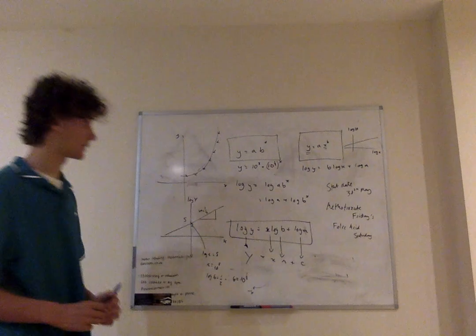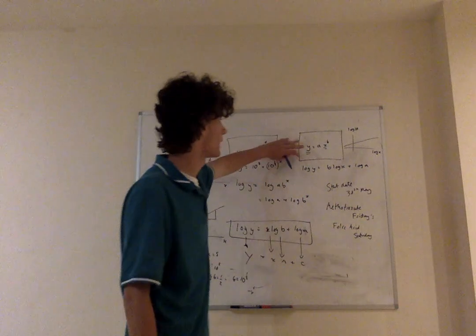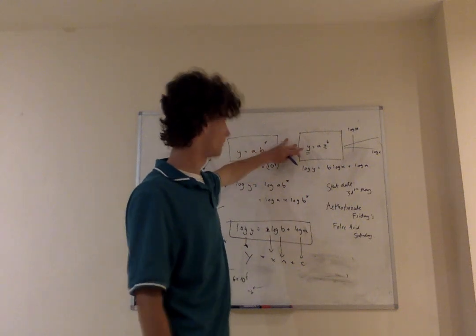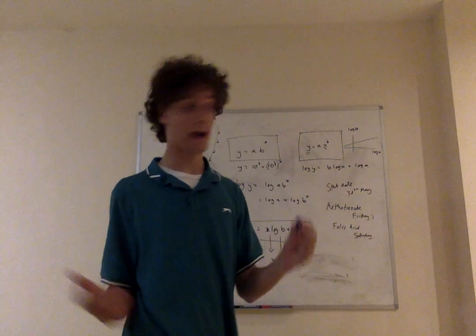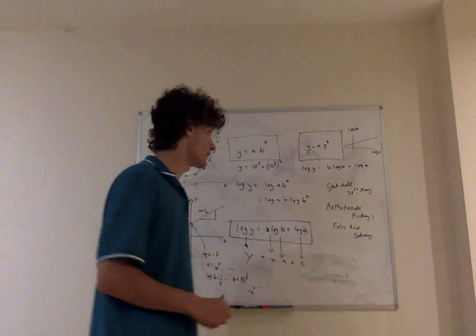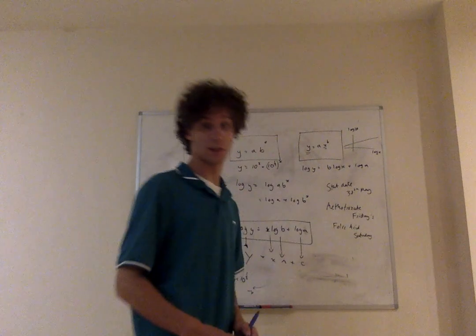Now, what often gets confusing is there are the other ones where your equation will be laid out as y equals a x to the power of b. In this case, it's the exact same thing because obviously you always want your variables to be on the axes.